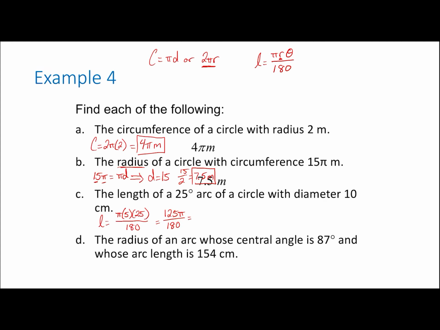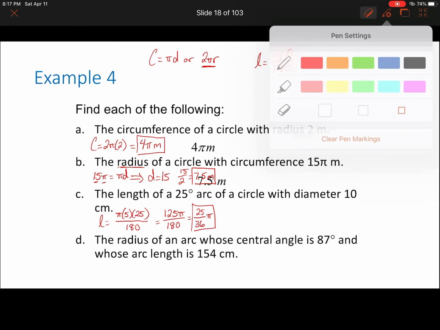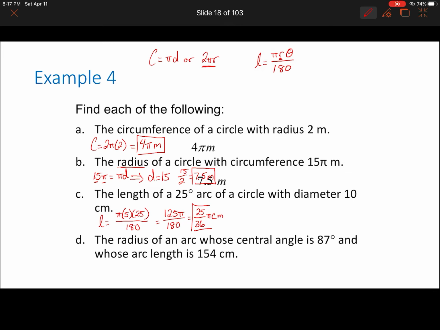So 5 goes into both of those. 5 goes into 125 25 times. 5 goes into 180 36 times with pi left. And so again, we get that length, and we are talking about centimeters, so I need to make sure I add my unit here. And so we get 25 over 36 pi centimeters.